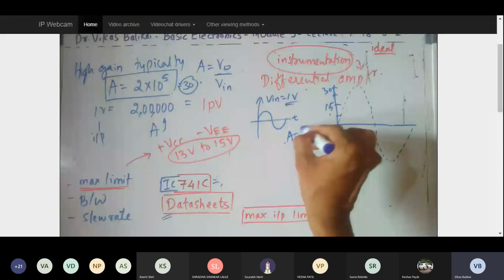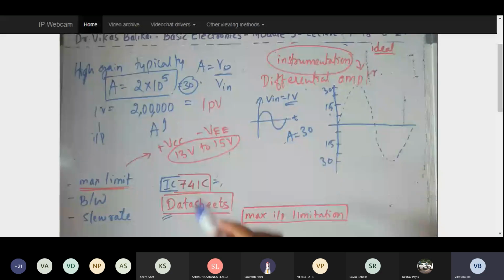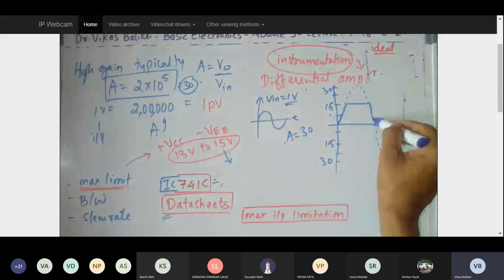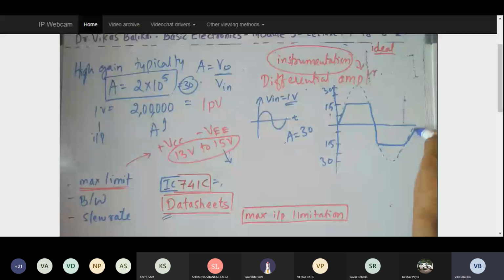But because my power supply is restricted to plus or minus 15 volts, any voltage more than 15 volts will be clipped off, and this is the final outcome. So my output voltage looks like this. That is the reason why we have this limitation with respect to my output voltage.